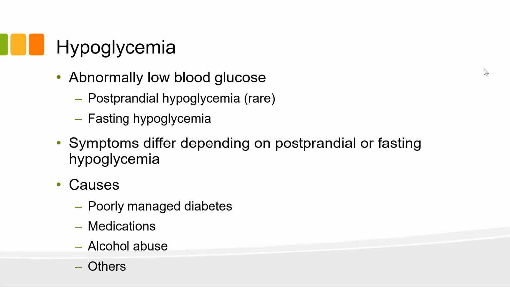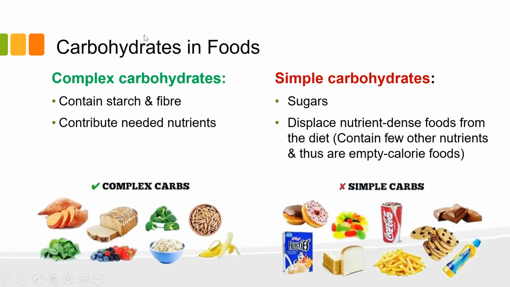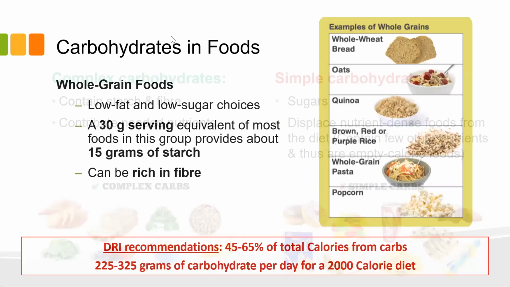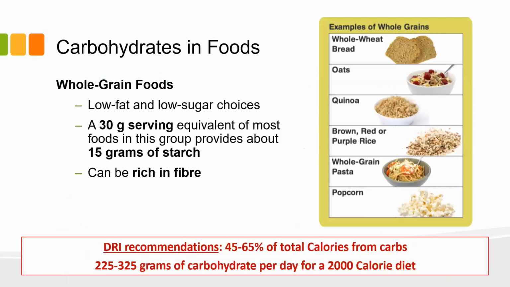Okay, so moving on, let's talk about food here for a few minutes in terms of where we're going to get our carbohydrates. So just a quick reminder, we have our two types. We have our complex carbohydrates and our simple carbohydrates, which is our sugar. And so where are we going to get these carbohydrates from? Well, one area of food is, of course, our grains. Our whole grain foods are better because they have more fiber and more vitamins in them.